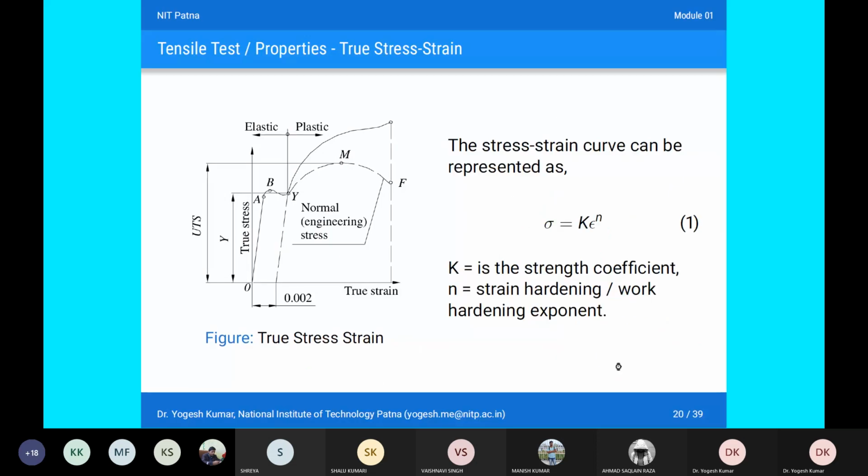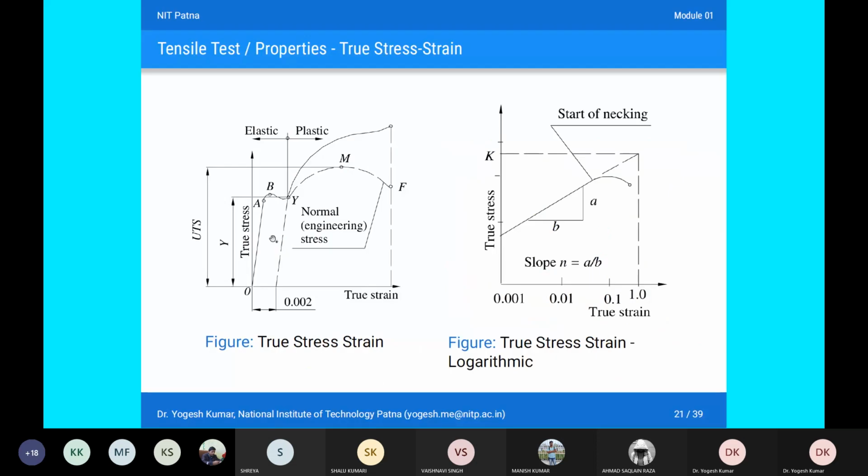So let us see. This was your true stress strain curve. But when we are plotting the natural log of this particular equation, that is sigma equal to k epsilon raised to the power n, what is happening?